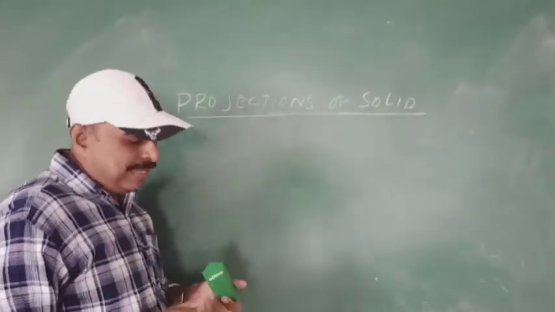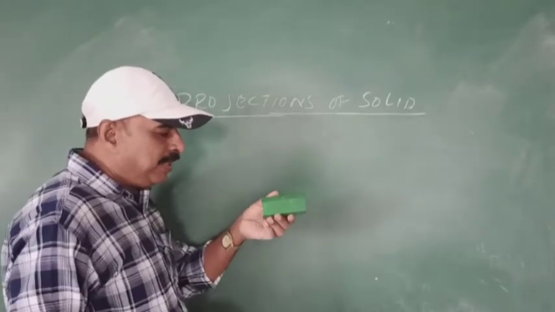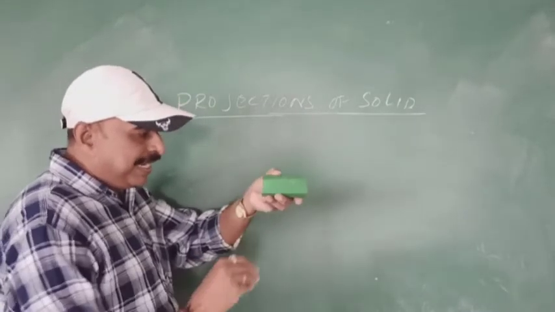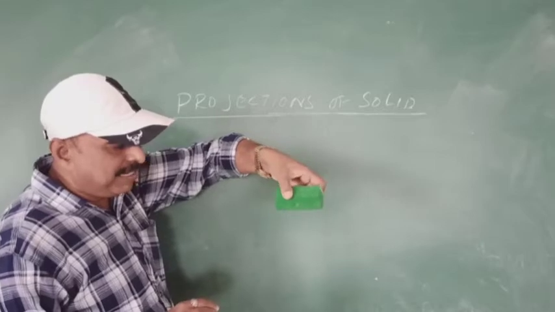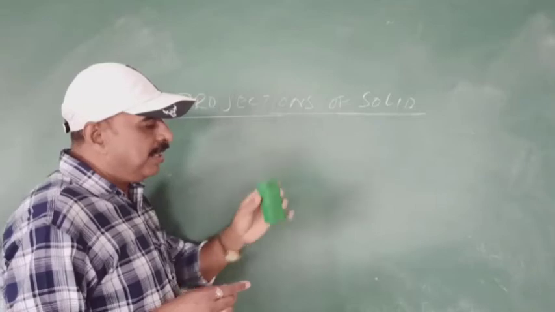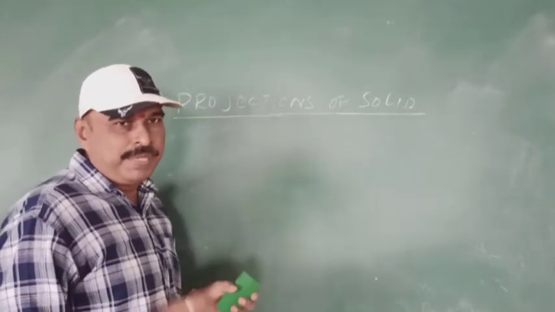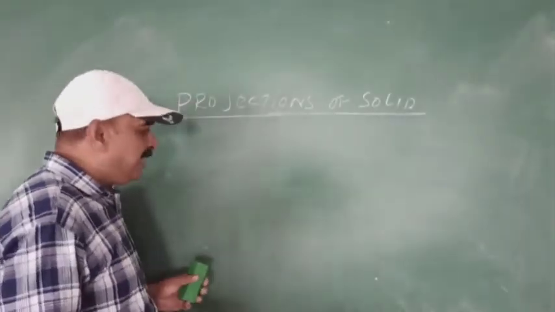And another one is the axis parallel to both HP and VP, like this. Here also one of its sides is perpendicular to HP, one of its sides is parallel to HP, and one of its sides is inclined. So three positions you can draw. You can draw the side view, front view, and top view for prism, pyramid, cylinder, and cone. That is the simple positions, that is solids one.